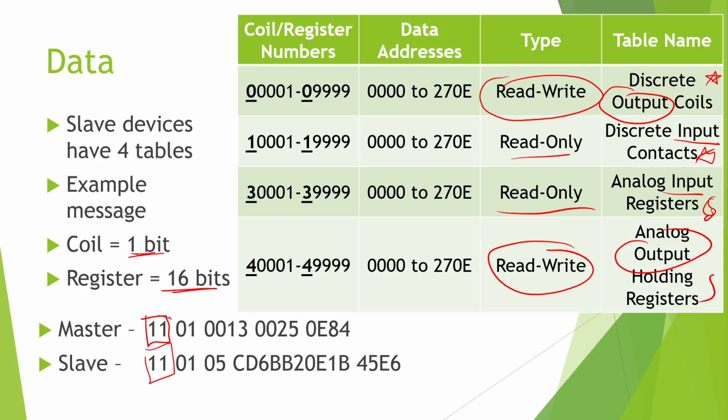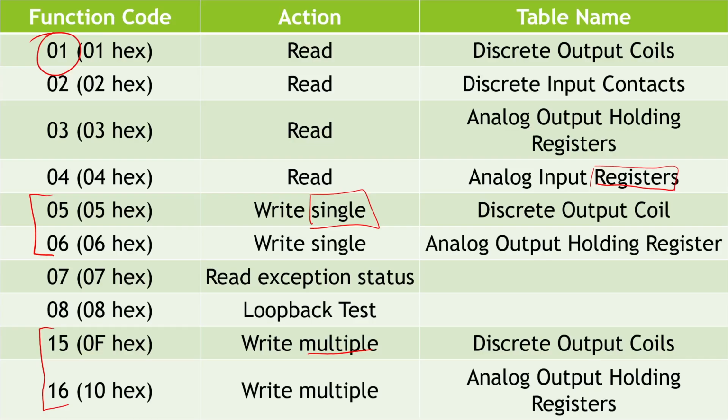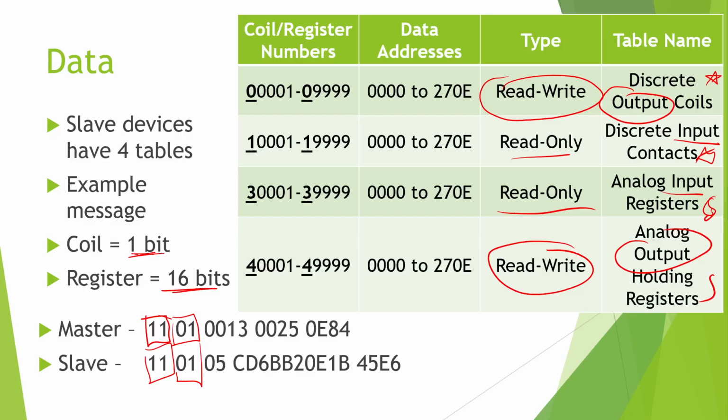And next we have 01. What was this? That would be the function code. So what are we doing? 01, in this case, is saying read discrete output coils. So we're saying, hey, I want to know information about your output coils. This 0013, we haven't talked about that completely yet, but that is the data address of the first coil to read.